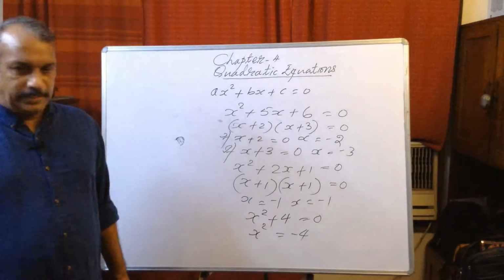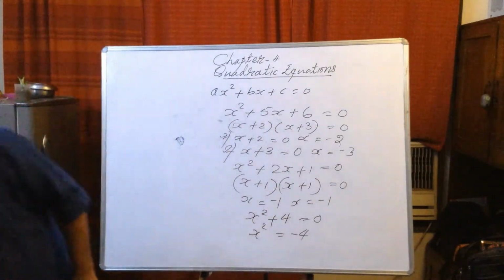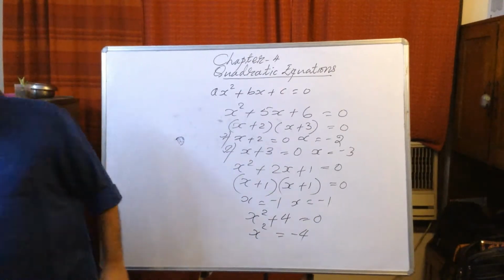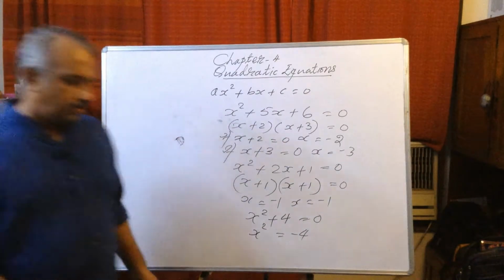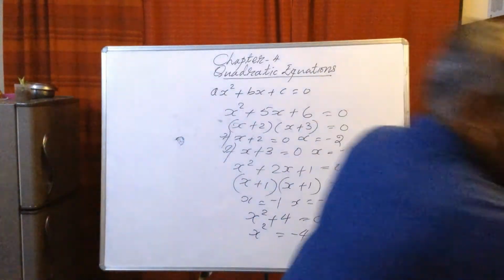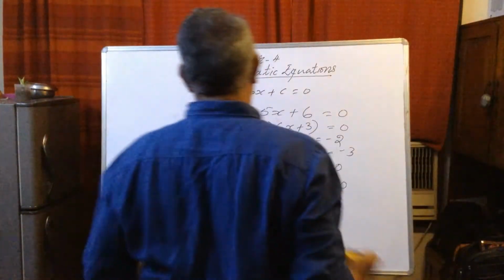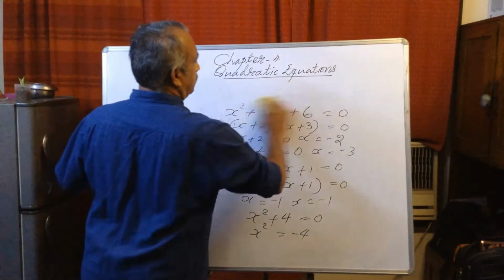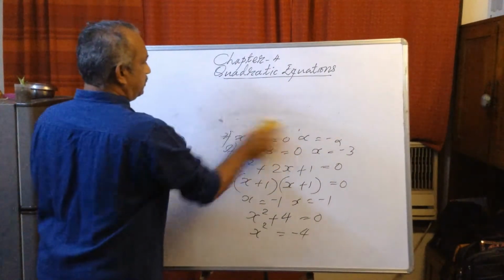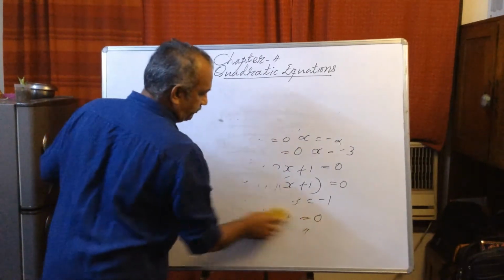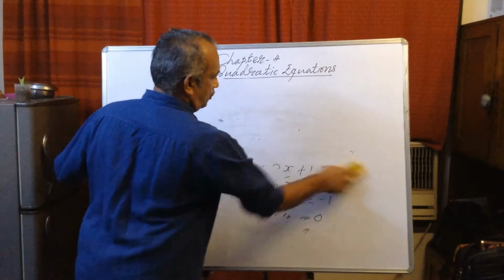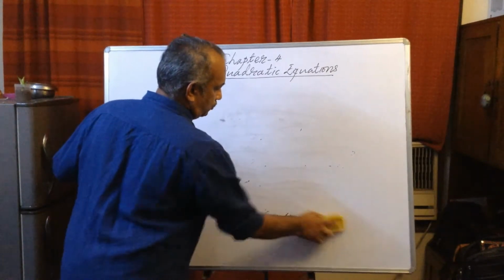So now next is, a quadratic equation is an equation with degree 2, and a quadratic equation may have 2, 1 or no zeros.